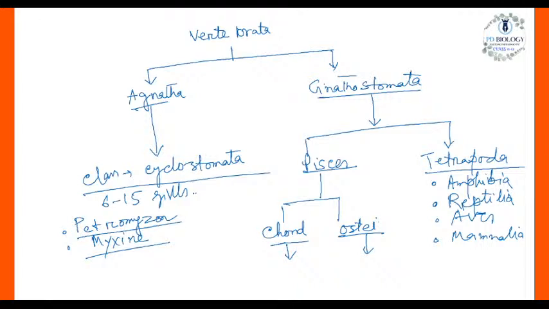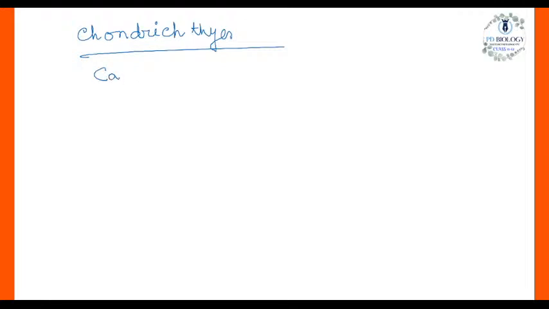Next, the Chondrichthyes. Moving to the next page. Chondrichthyes. These marine animals have a streamlined body and a cartilaginous endoskeleton. That's the prime character.